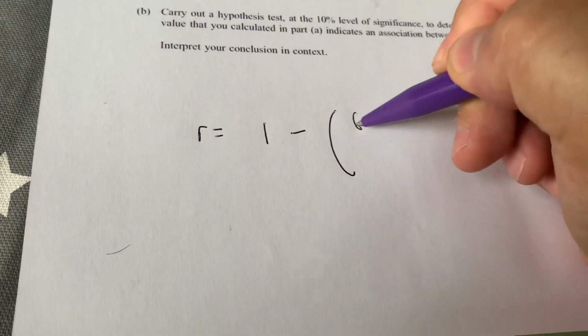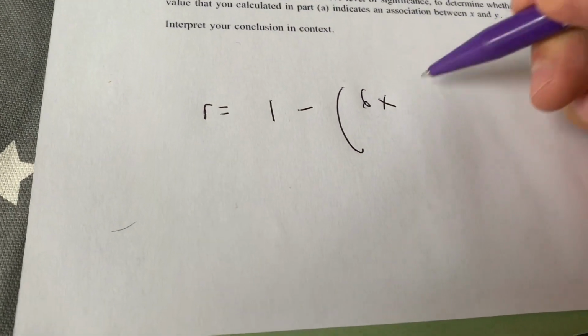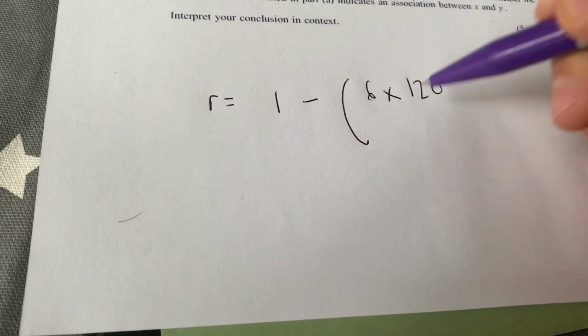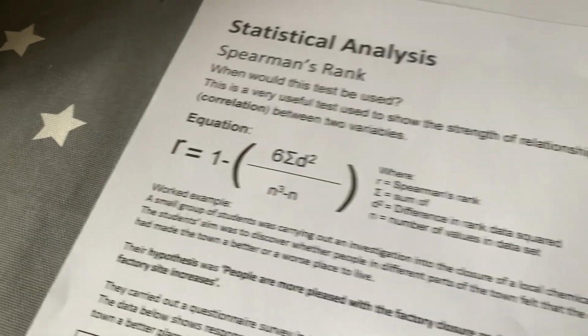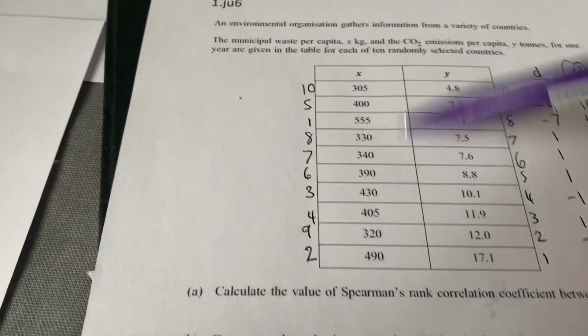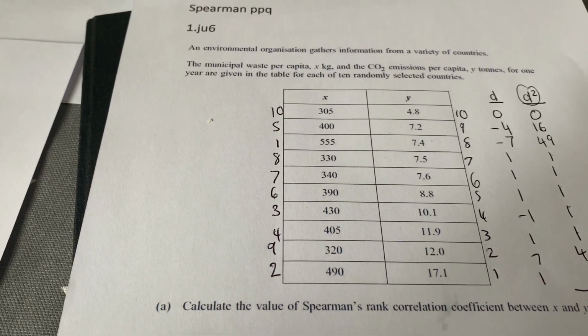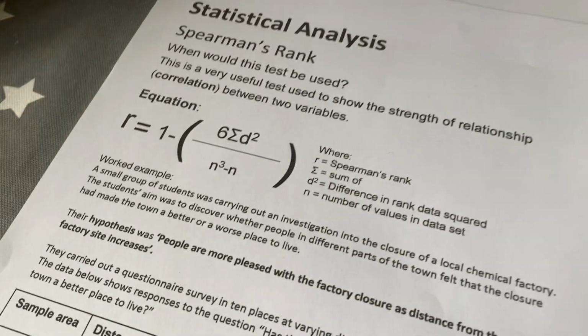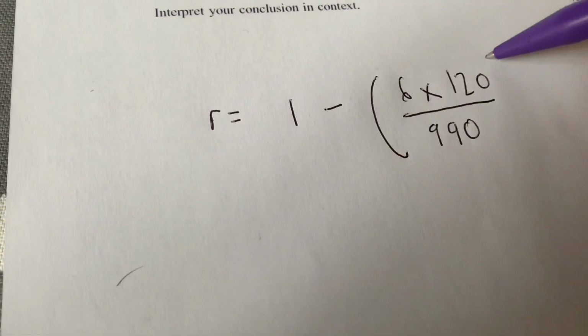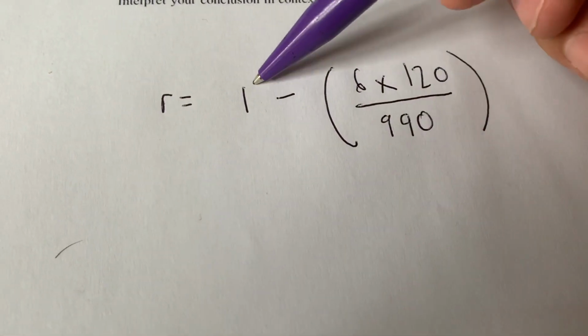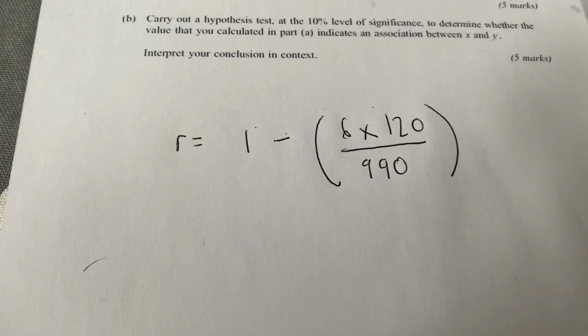All we need to do is 1 take away 6 times the sum of d squared, which we've just figured out is 120, divided by n cubed minus n. n is simply the number of pairs that we've got, and we've got 10 pairs. So 10 cubed is 1,000, take away 10 gives us 990. Once we've figured that out, we very simply do 1 take away the number that we get here.